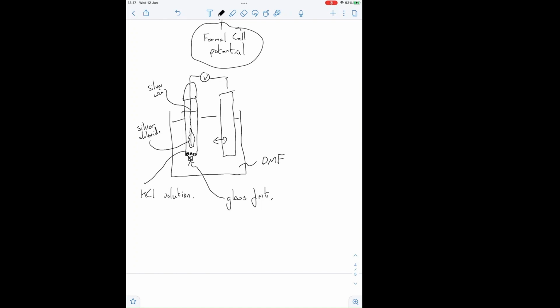If a reference electrode is not working and all the wires look like they're connected, typically you've got salting in the glass frit and you need to dissolve that salt out. So you take your reference electrode, put it in a water bath at about 90 degrees. That's normally enough to dissolve out the salts that have crystallized in the frit there.